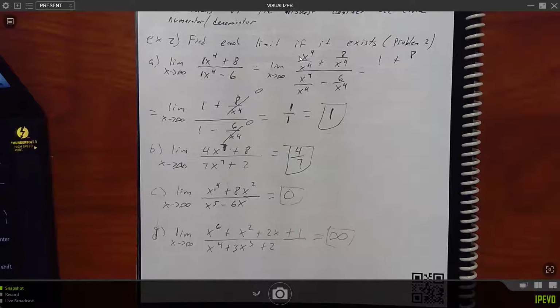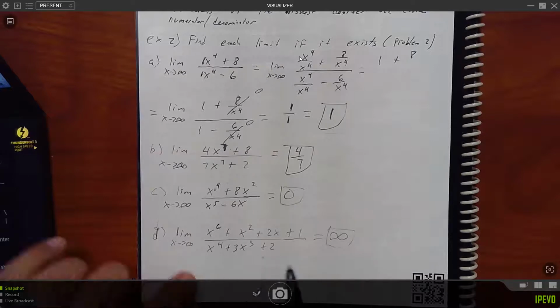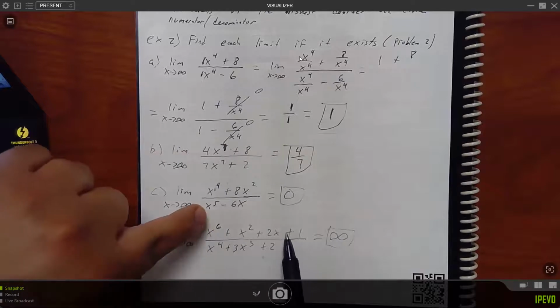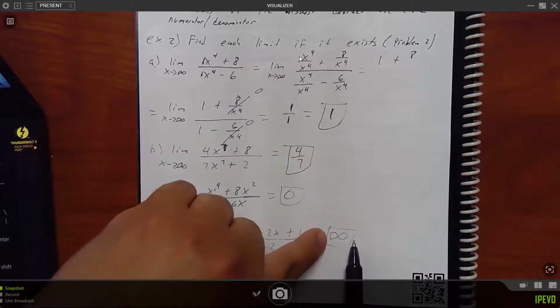Can you explain that one more time, sir? Yeah, so if the numerator is growing faster, this has a higher degree than the bottom, then the top part will dominate. So it'll grow and completely ignore the bottom. Since this is growing faster, it'll keep getting bigger and bigger and bigger, so it will become infinity.